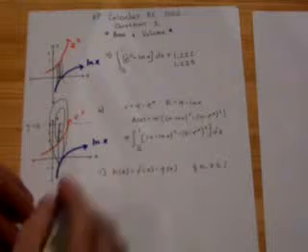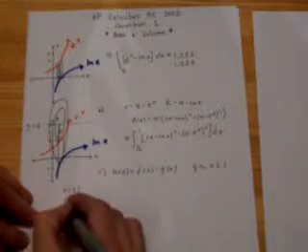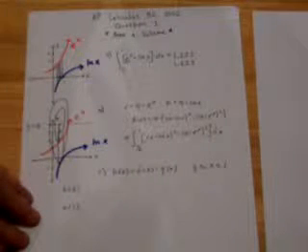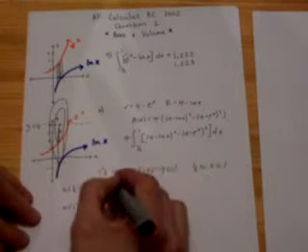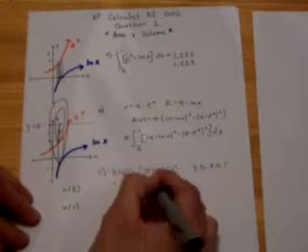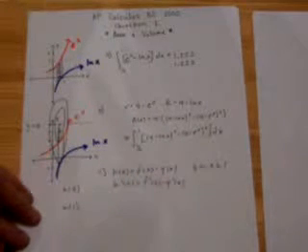There are three places we're going to want to check. First, the endpoints, and next where the derivative is equal to 0. So we're going to want to find h prime of x, which is f prime of x minus g prime of x.